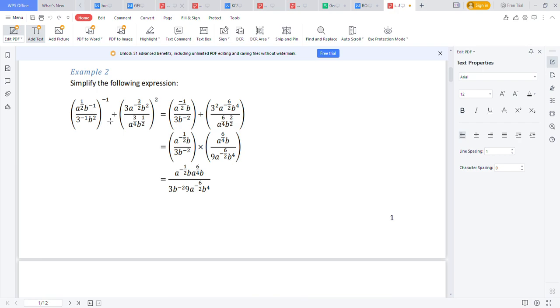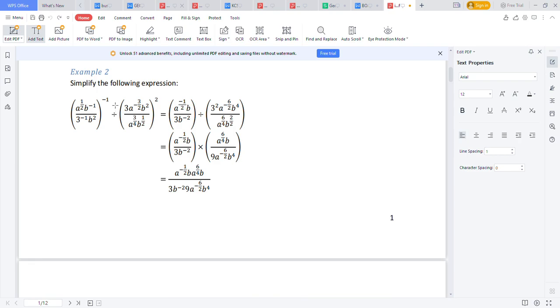Remember, for us to deal away with this negative, we can simply multiply this negative with the powers inside the bracket. So you have negative 1 times a half, you are going to get negative a half. Then negative 1 times negative 1 is positive, so you are going to have b raised to power 1, which is just the same as b.